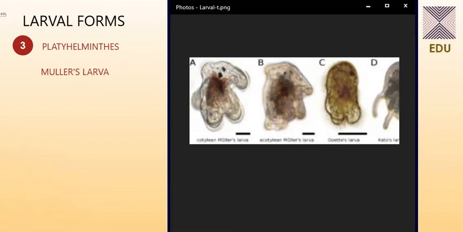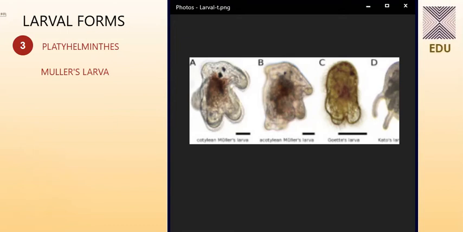Now, if I talk of the free living flatworms, I'm not going for the parasitic flatworms right now. If we talk about the free living flatworms, they develop directly into the adult forms. And if I talk about the other form, if I talk about the polyclads, they have indirect development with free living larval stages.